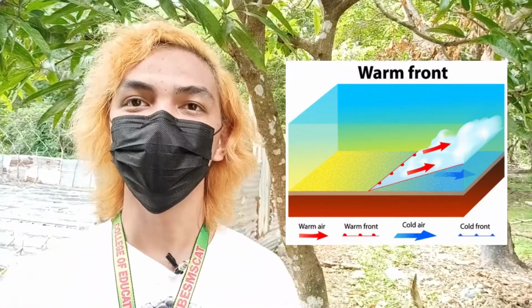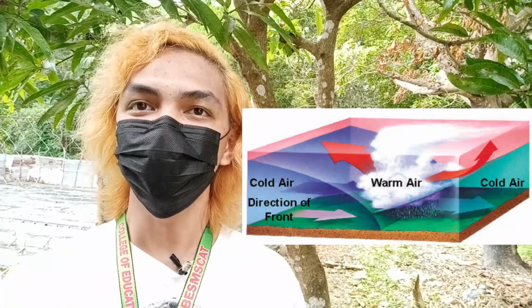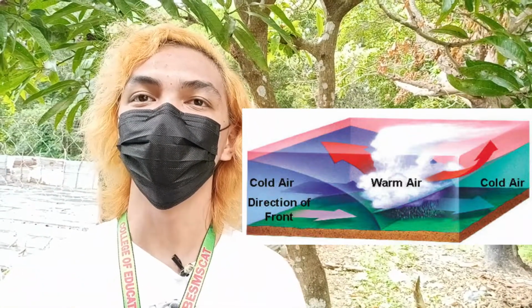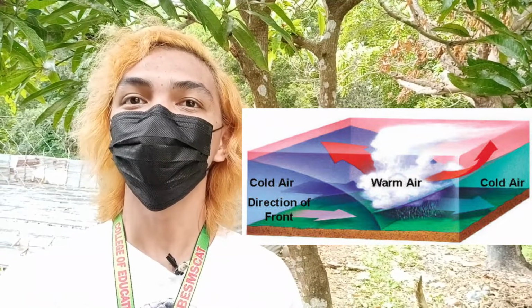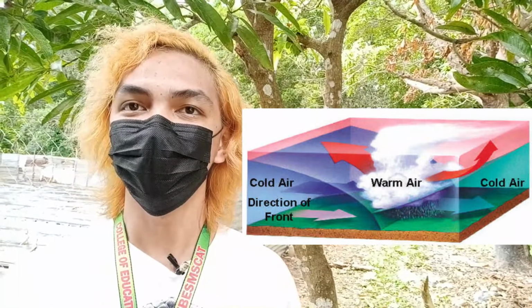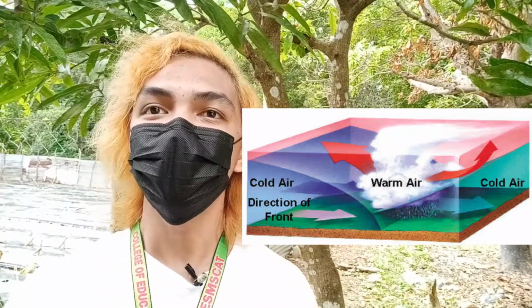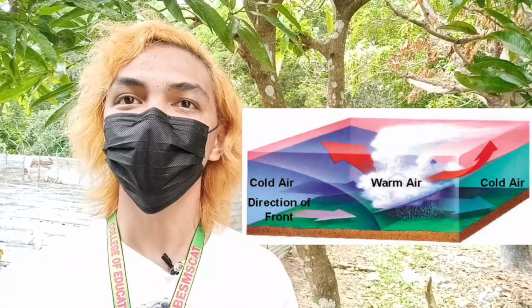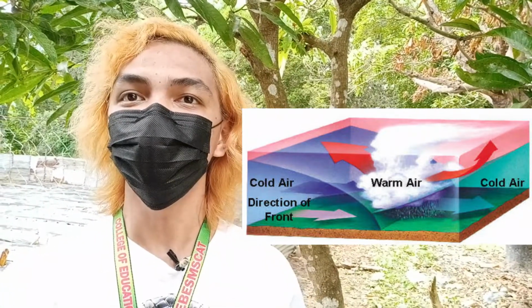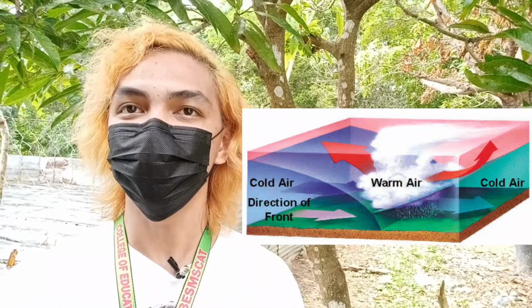An occluded front is produced usually around a low-pressure system. The process starts when a cold front catches up to a warm front. The cold occlusion happens when the air mass that arrives third is colder than either of the two masses, and that air mass slips beneath them both.